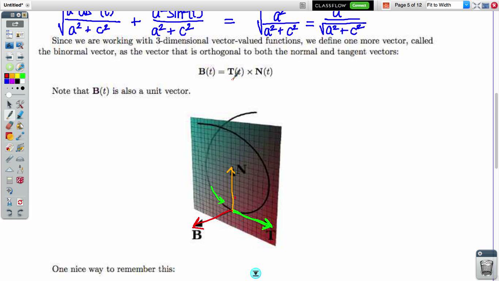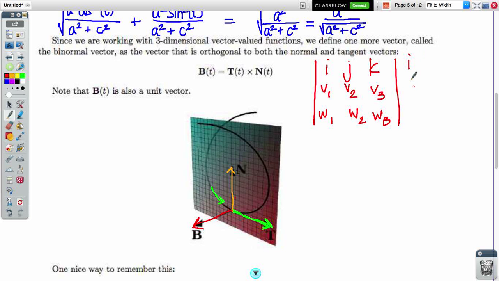So once you have the unit tangent and the unit normal, you cross those together. Remember, the cross product is the one where you start with I, J, K, and you have your vector 1, and then your second vector, and you repeat the first column and the second column, and then you do the determinant.